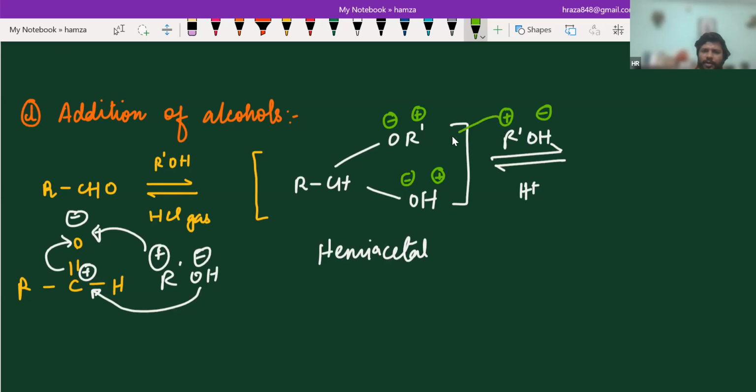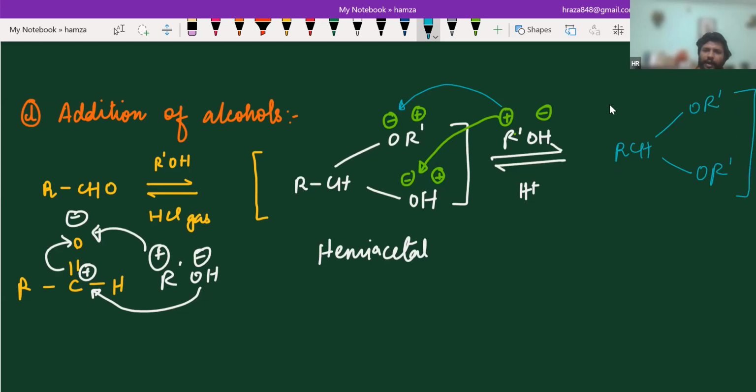So as you can see, this will attack here, not here, because if you attack this part, it will be as it is in the previous one. R dash will replace R dash, nothing will change. So this will be RCH and OR dash as it is, and there will be OR dash.